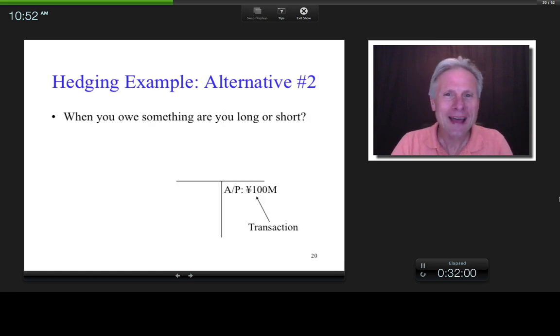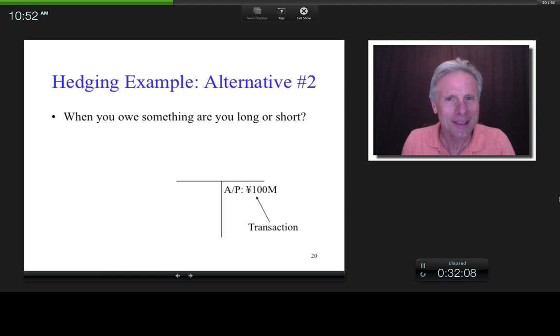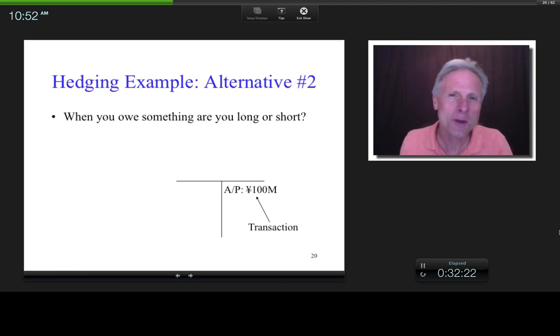So what I want to do now is get across some language, this concept of long and short. The reason I want to do that is because it'll probably be easier to figure this stuff out as we go forward. Okay? So here's our transaction. And we owe something. When you owe something, as opposed to when you own something, are you long or short?